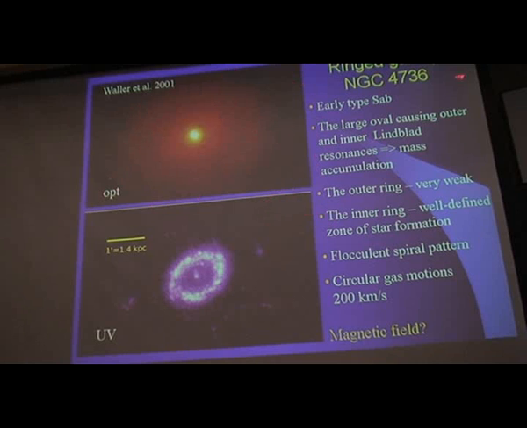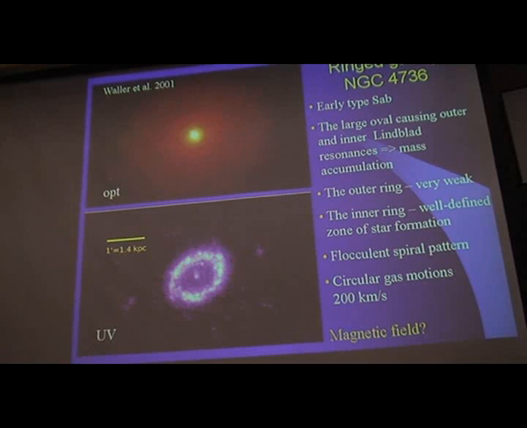It causes outer and inner Lindblad resonances to produce two rings. The outer ring is very weak and of the scale of this emission, but the inner ring is a very well-defined zone of intense star formation.